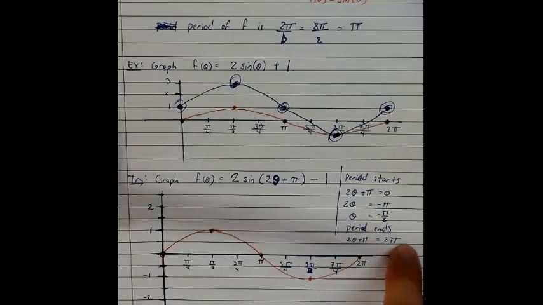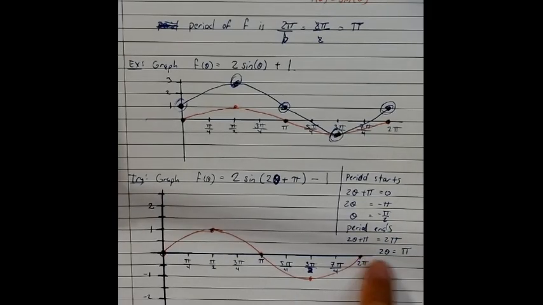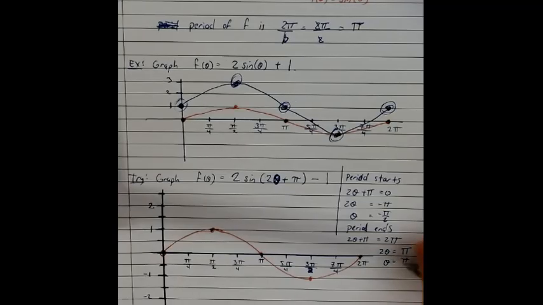I can go ahead and subtract pi from both sides. 2 pi minus pi is just 1 pi. So 2 theta is equal to 1 pi. And now I have to divide both sides by 2. So this will be theta is equal to pi over 2.